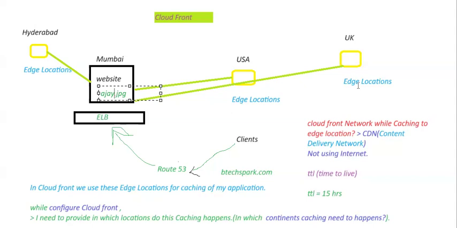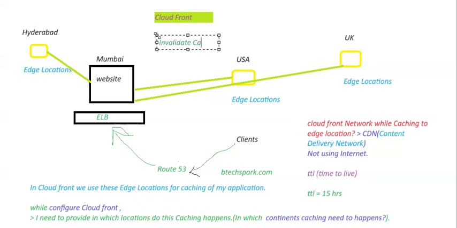Is there any option available in AWS? Yes, there is an option available. The option name is invalidate cache.